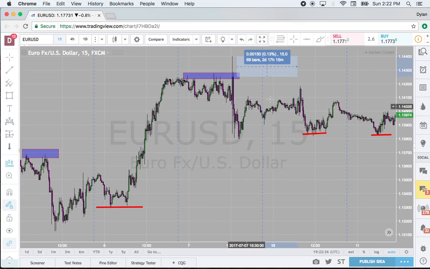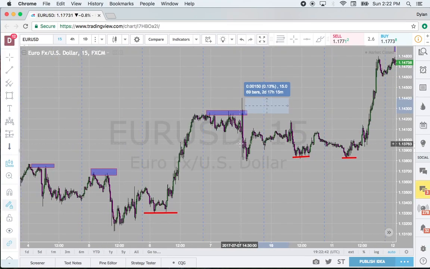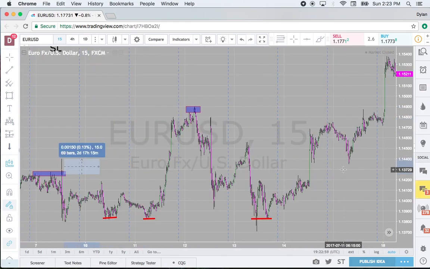So you may want to rethink that, maybe have it up a bit, a 20 pip stop loss, but remember you are going against the trend. It is riskier, obviously. When going with the trend, you should have a smaller stop loss. You shouldn't really need that large of a stop loss.